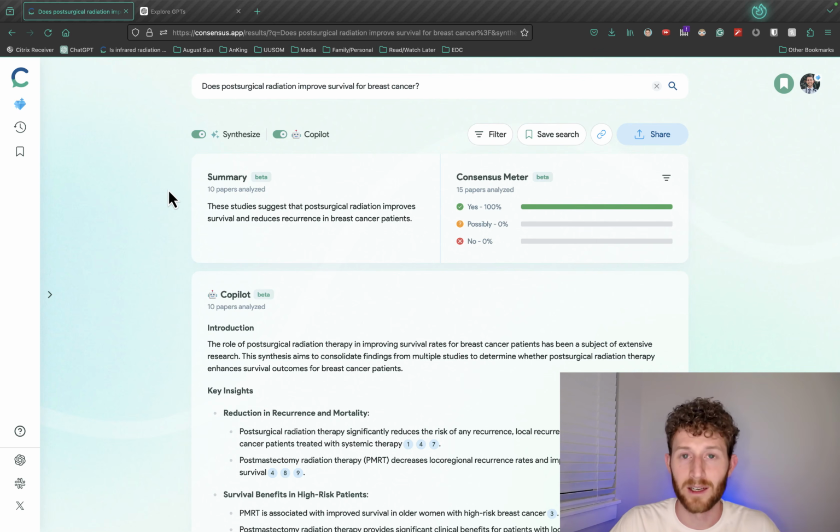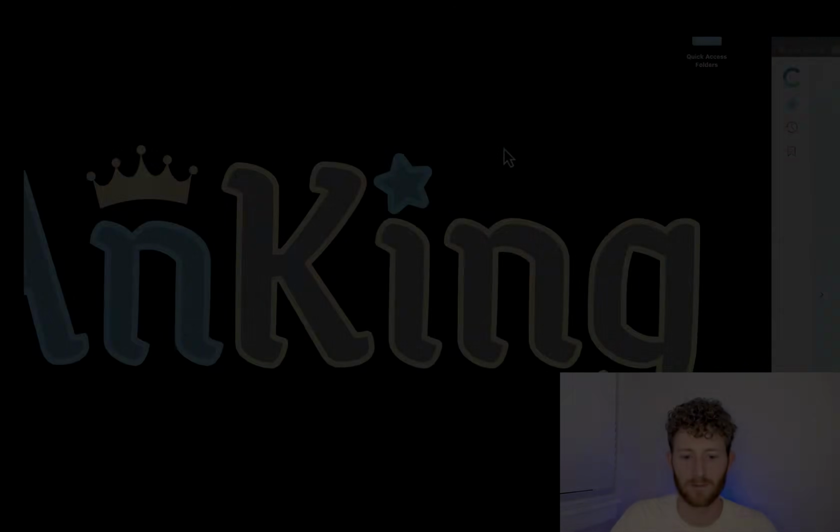If you come here into Consensus and you see something like 100% yes, that this is an indicated thing that you should be doing, and you can always cross-reference this with UpToDate or AMBOSS or some of those other resources that are highly recommended, you're going to be able to have a lot more confidence when you go into proposing that as an aspect of the clinical care for that patient.